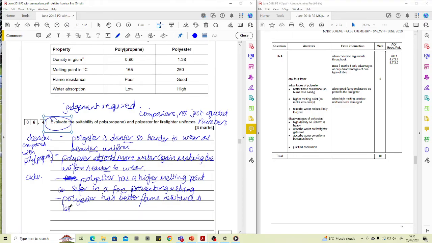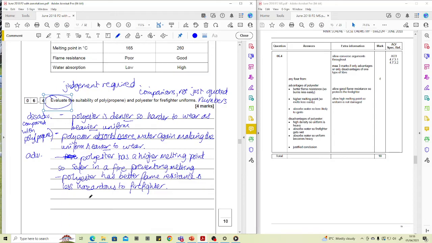So less hazardous to firefighter. And less damage, less easily damaged. Okay, therefore, and then you can judge.